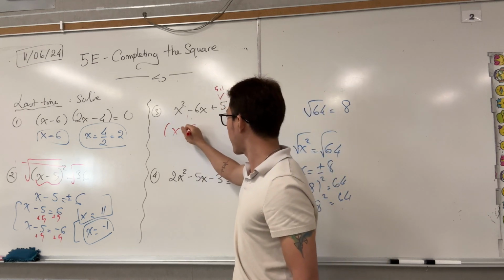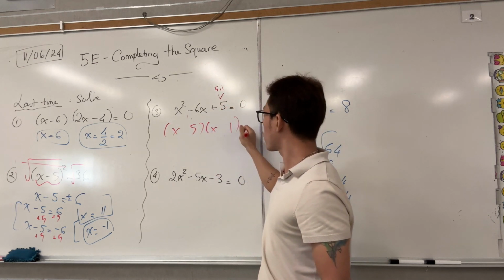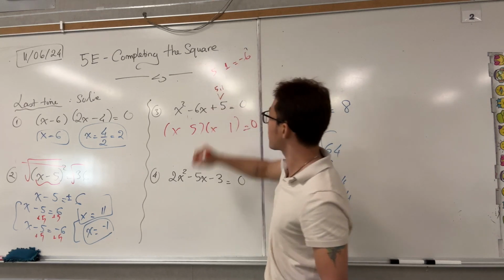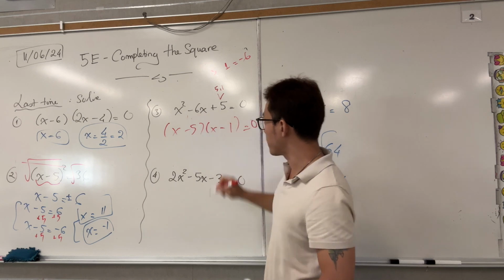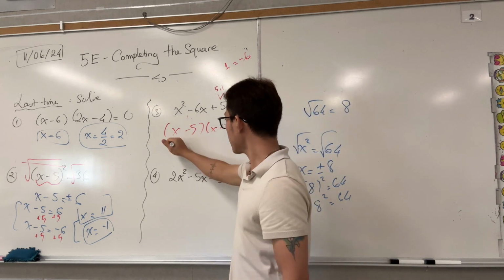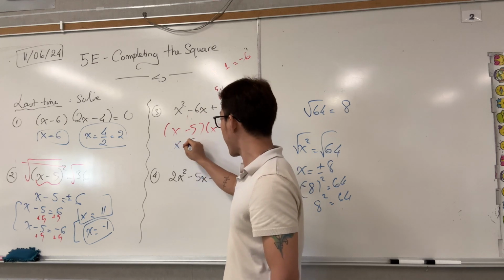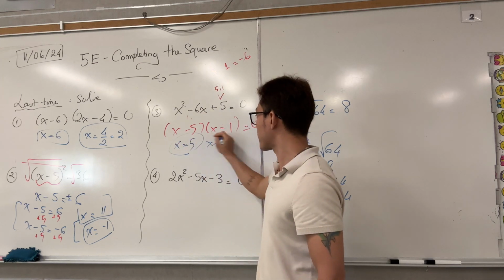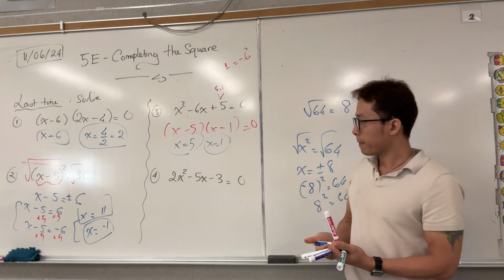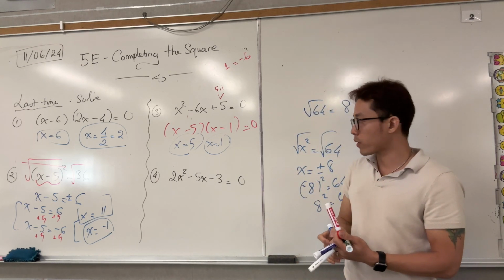So x plus 5, x plus 1. What is the sign of 5 and the sign of 1 that can give you negative 6? Negative. Very good. And what is the solution then? x equals 5 and x equals 1. It's just a review. Let's give another point.